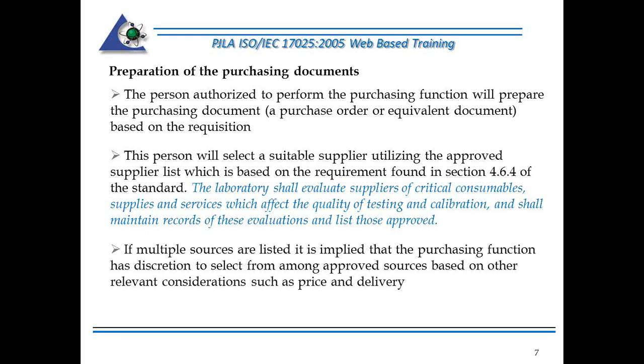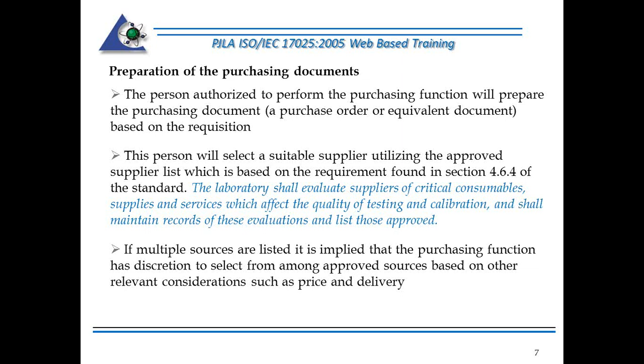So the laboratory qualifies suppliers basically on their ability to provide, if it's calibration, traceable results. If it's reference materials, it's reference materials that will be traceable. So the laboratory is interested in qualifying suppliers on that basis. The purchasing agent, on the other hand, or the individual who does all these things, when he looks at where to purchase it, he may look at where can I get this approved service for the lowest price.